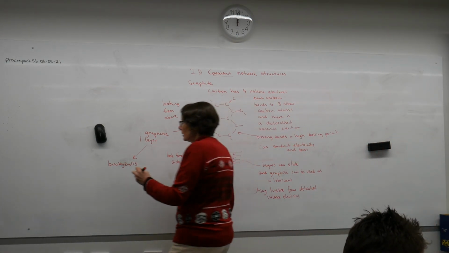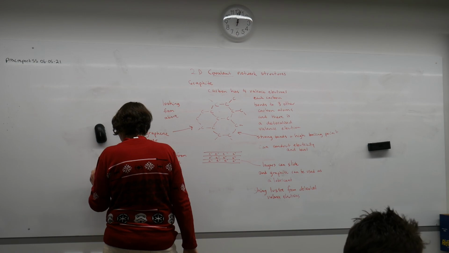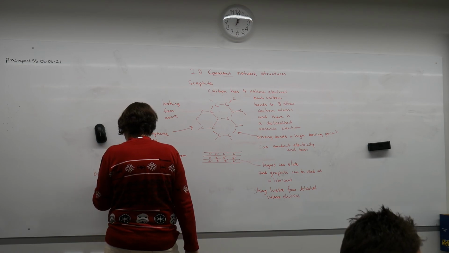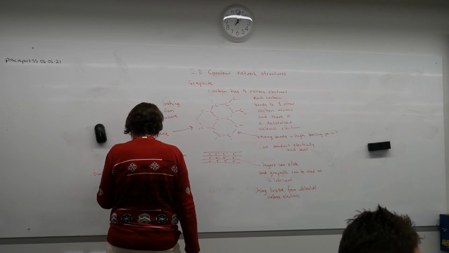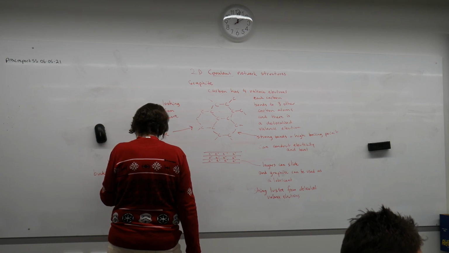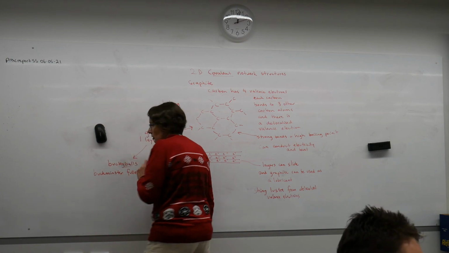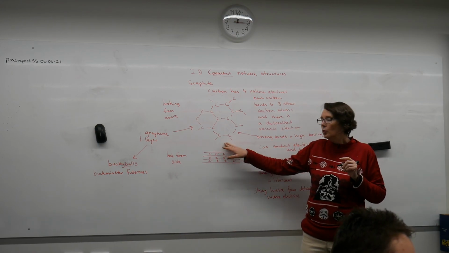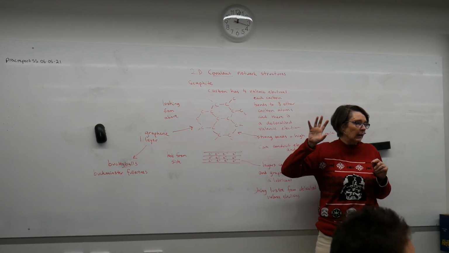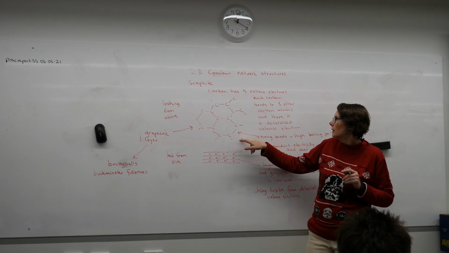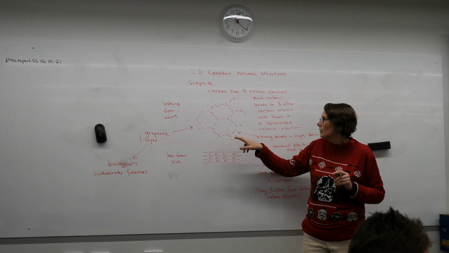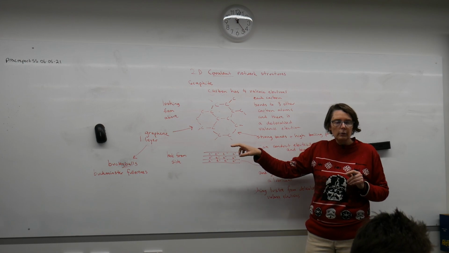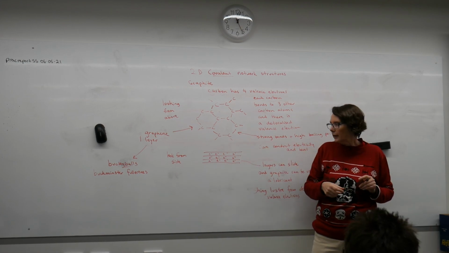Their proper name is Buckminster fullerenes. The buckyballs are just one kind of Buckminster fullerene, but all based off a layer of carbon in this graphite arrangement where we've got 3 bonds and a delocalized valence electron.